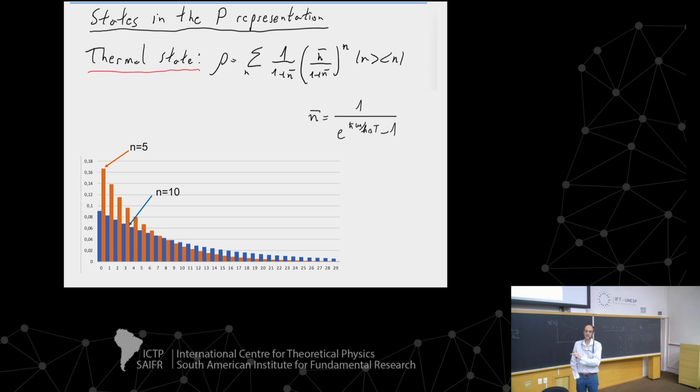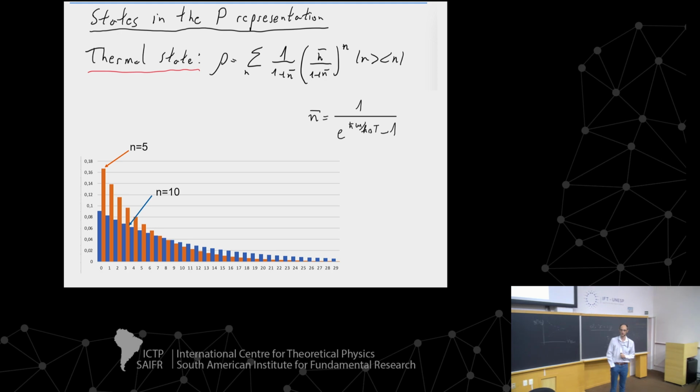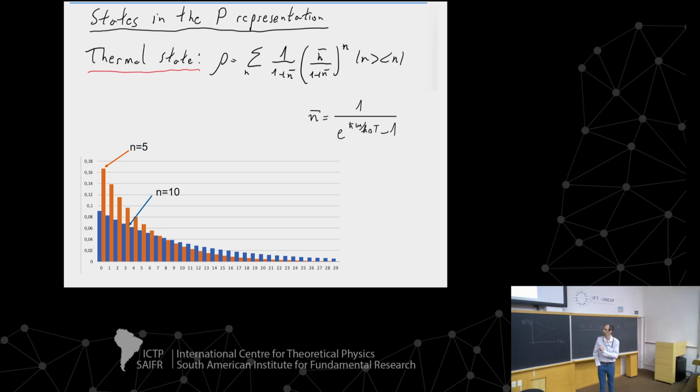So working with coherent states is a more evident way to start with, and is a more evident way to measure your state. Yet, okay, this P function is not very convincing as a useful tool, because they're not going to measure that. I mean, okay, thermal state is pretty easy.